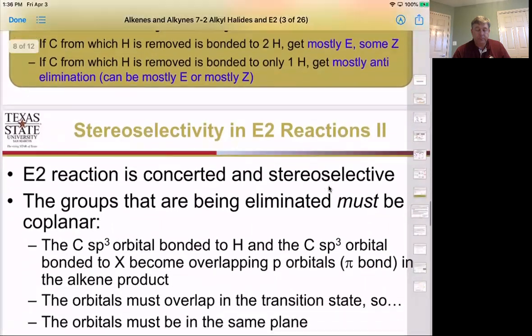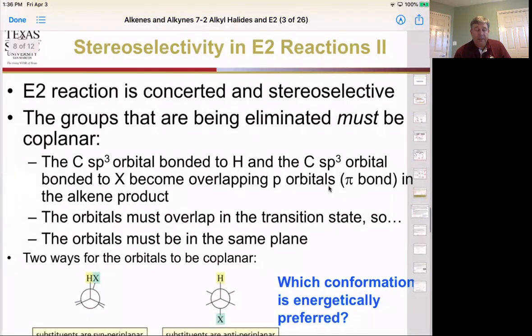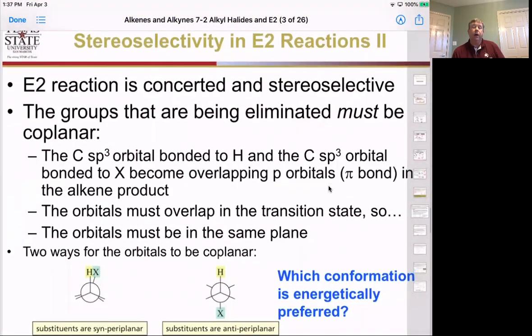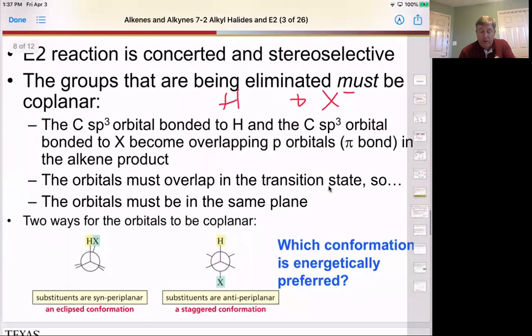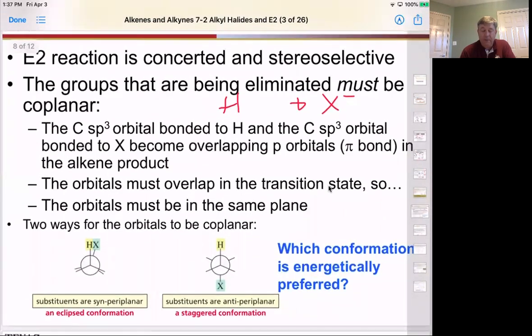Okay. So the way we can explain that is by going back to our Newman projection. When we look at our Newman projection right here, we want to see that the hydrogen that's going to leave and the halogen that's going to leave during our dehydrohalogenation should be, if at all possible, in the staggered configuration.